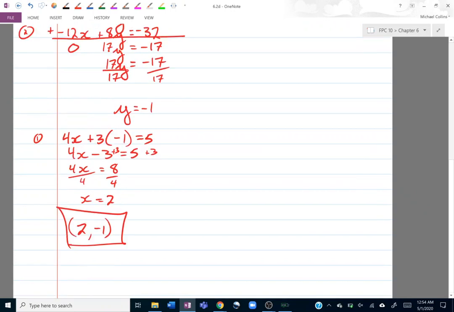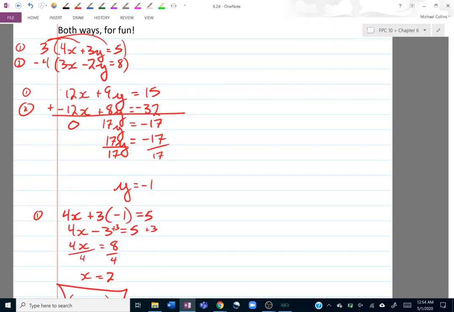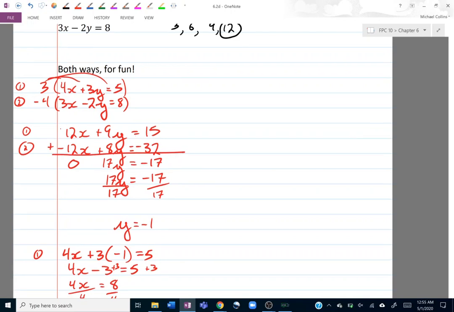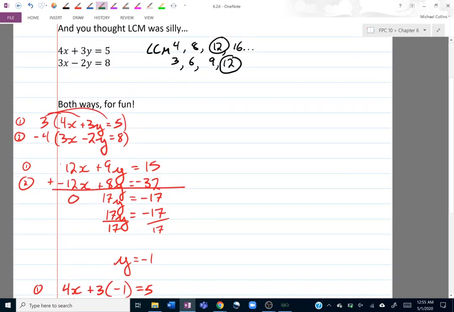We would be done. But I just want to show you the other way as well, where you could have chosen to get rid of the y term. I have my 4x plus 3y is equal to 5, and 3x minus 2y is equal to 8. And now I'm going to have to look at my lowest common multiples of 3 and 2 if I want to get rid of my y.